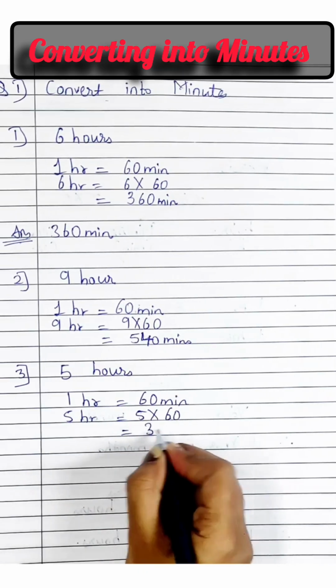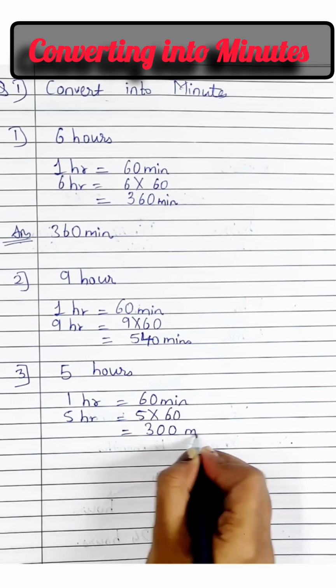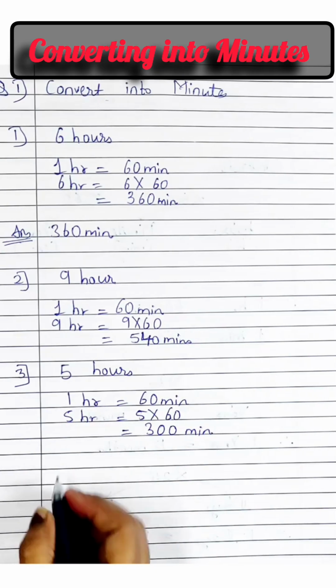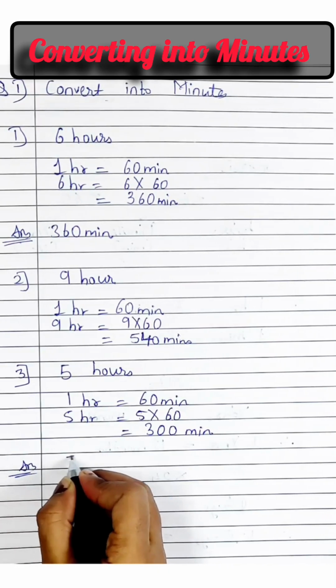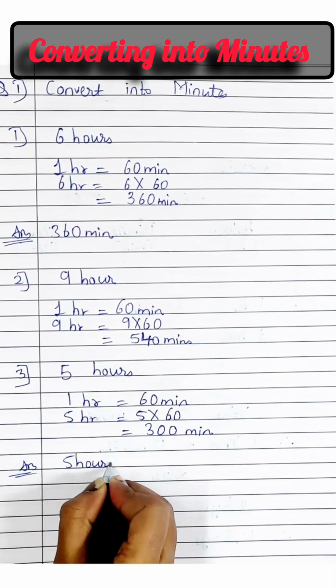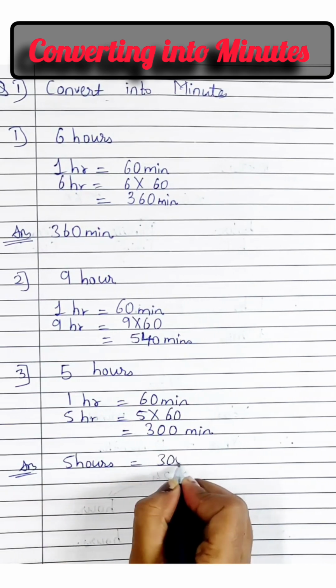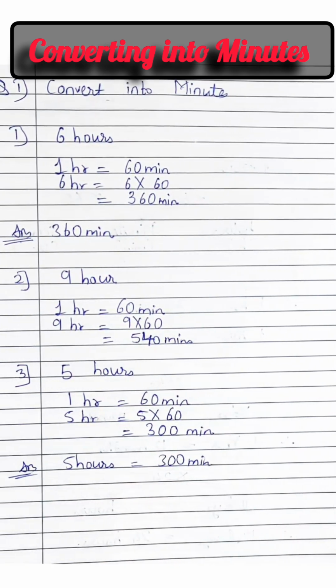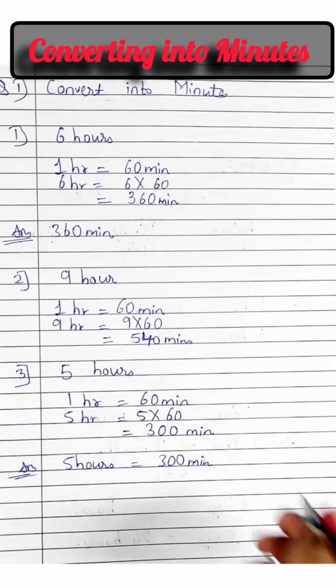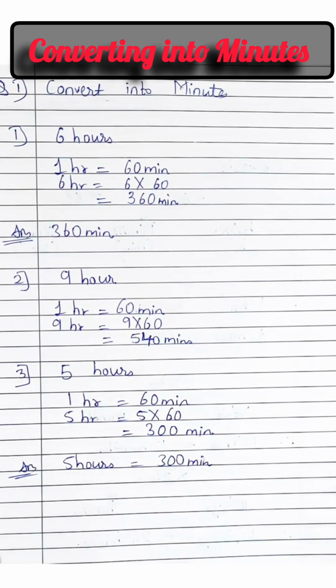So it will be 300 minutes. So what is our answer? 5 hours is equal to 300 minutes.